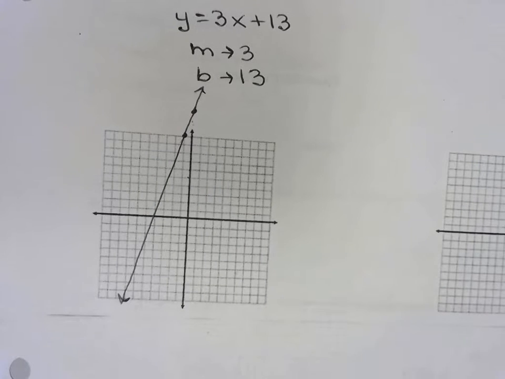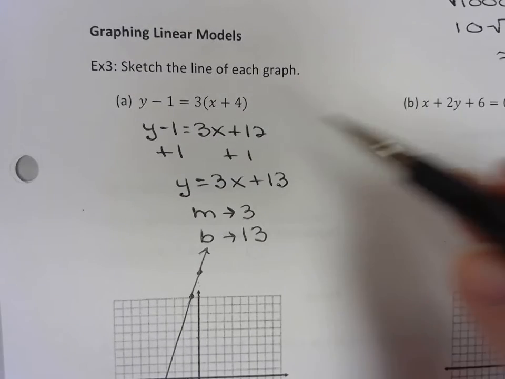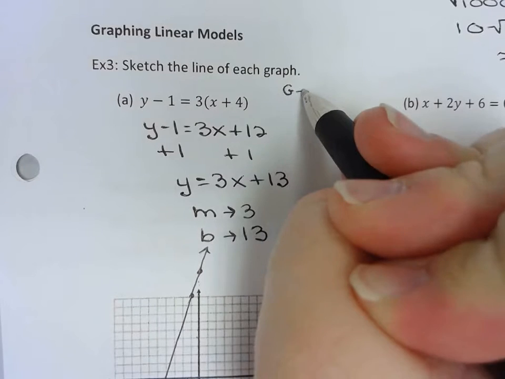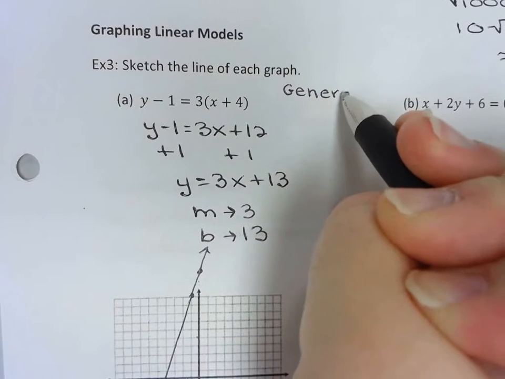Any questions on that? Okay. Just real quick, let me go over this. If on the homework it's going to ask for the general form, just FYI, this is slope-intercept form, just to refresh your mind.